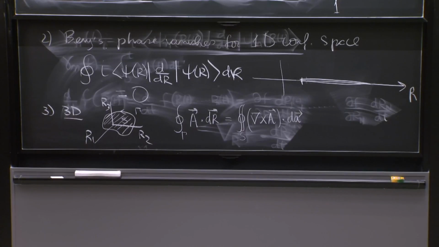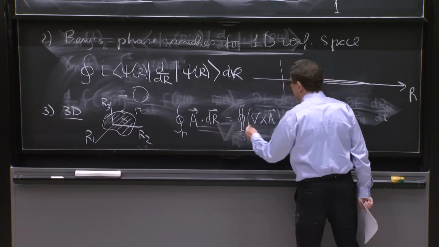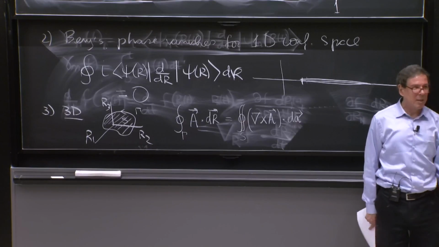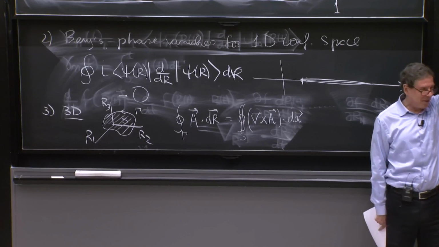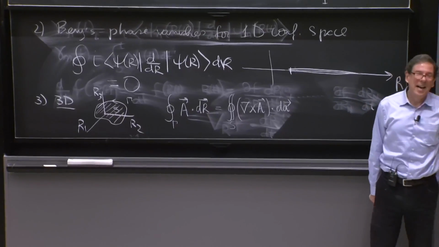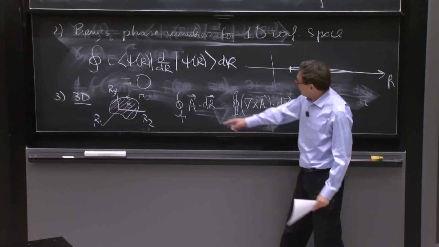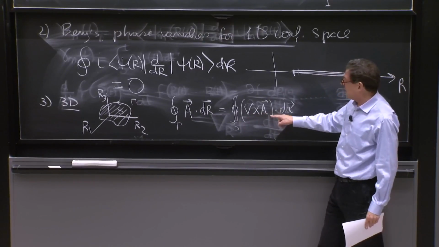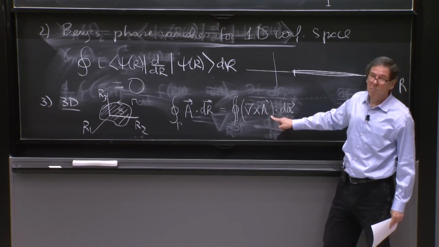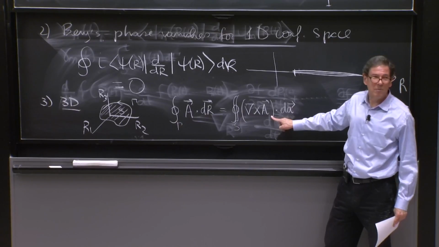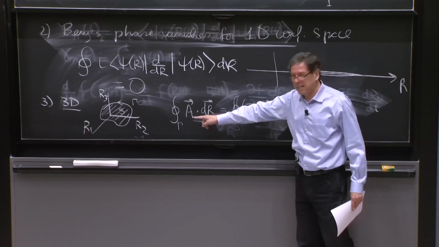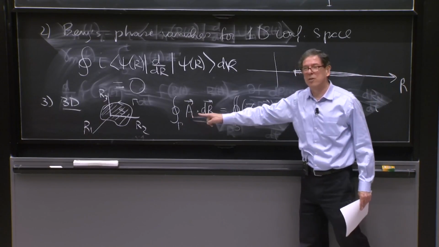Stokes' theorem, remember in E&M? So here a vector potential gives you a magnetic field. So the integral of A along a loop was equal to the flux of the magnetic field through the surface. And now the Berry phase along the loop is equal to the integral of the, we should call it Berry magnetic field. No, people call it Berry's curvature, in the sense that the magnetic field is the curvature of a connection.